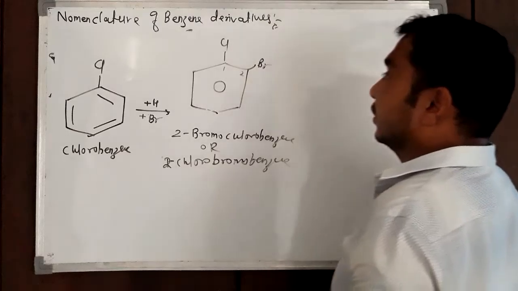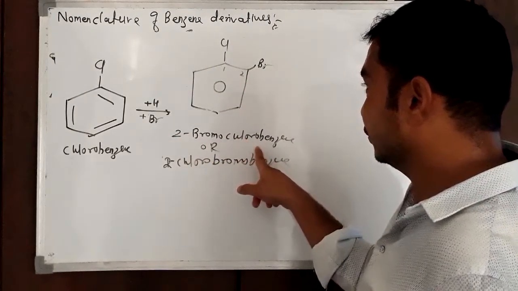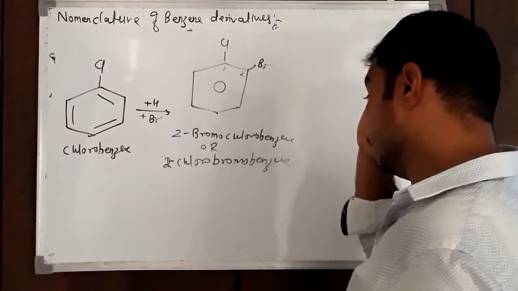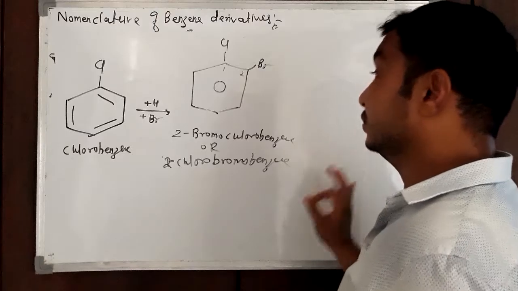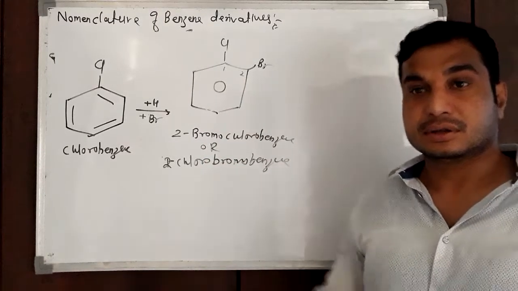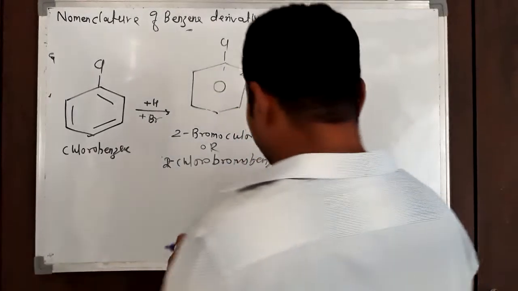Okay, if we give number 1 to this chlorine, then 2 bromochlorobenzene. If we give 2, then 2 chlorobromobenzene. Okay, like this and so on. Just give numbering, then write their name accordingly. Okay.